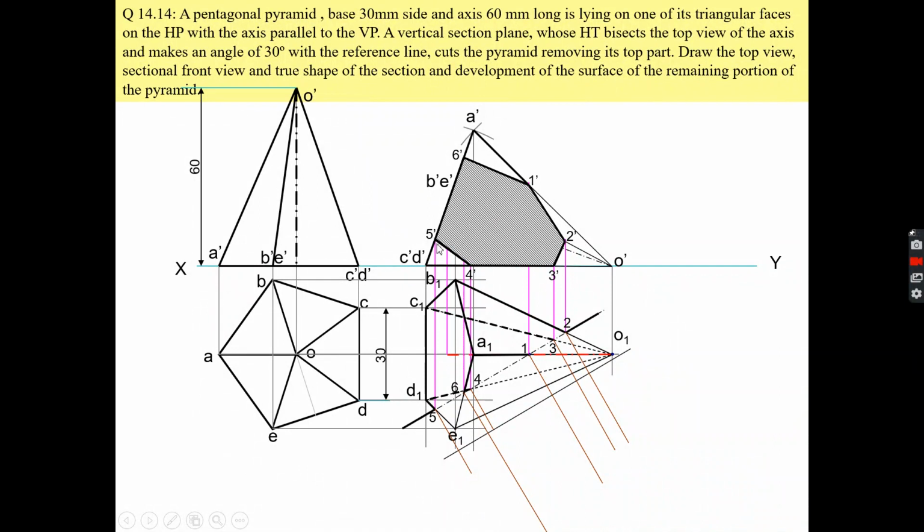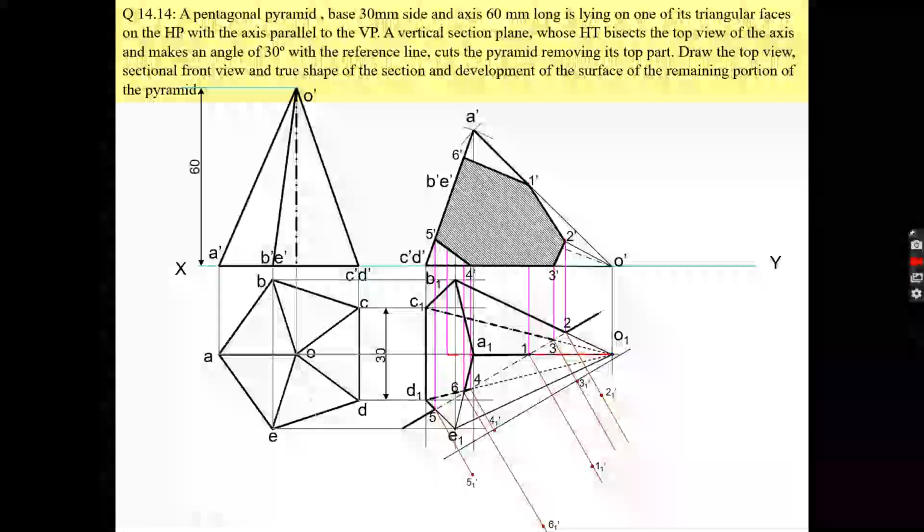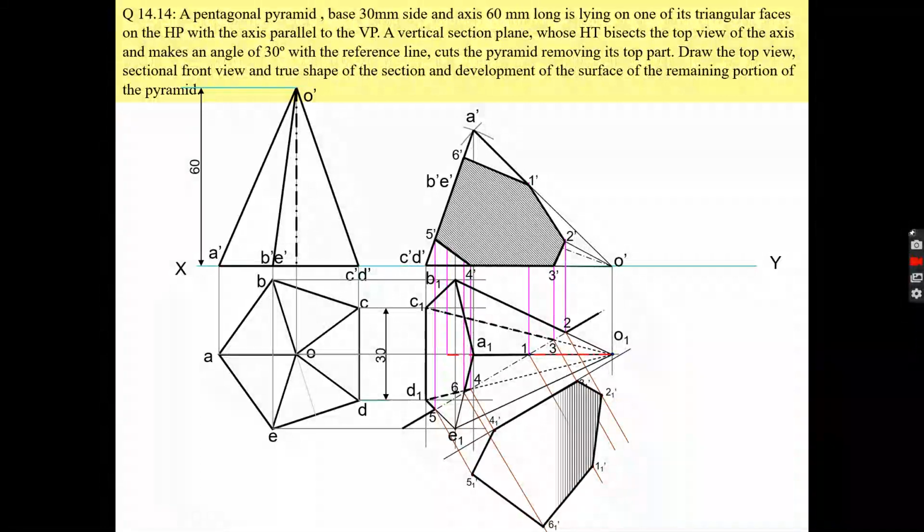Point 5 you can measure the distance. Point 6 you can measure the distance. After taking the measurements, you can mark all the points here. Okay, so this is your now true shape of the section.